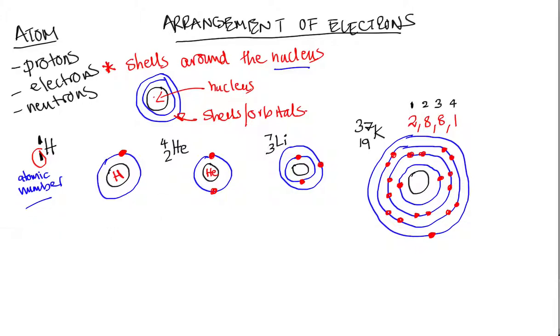So this is the arrangement of electrons in atoms.